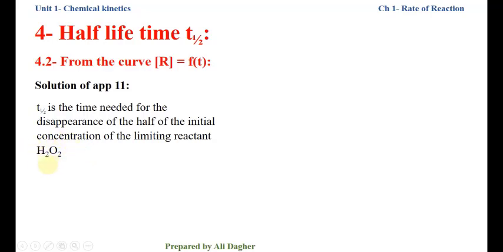We have found that H2O2 is the limiting reactant in part 2, experimental study, of chapter 1. Now, concentration of H2O2 at T1/2 equals initial concentration of H2O2 over 2, equals 20.9 over 2, equals 10.45 millimole per liter.